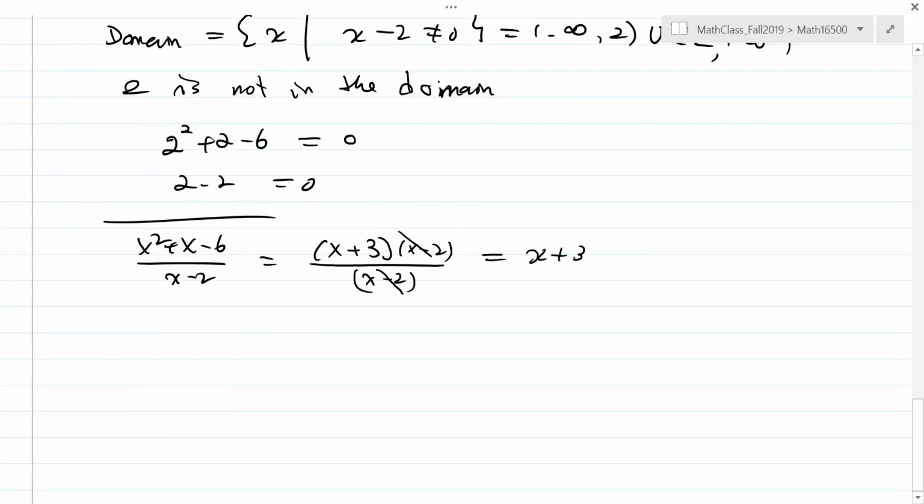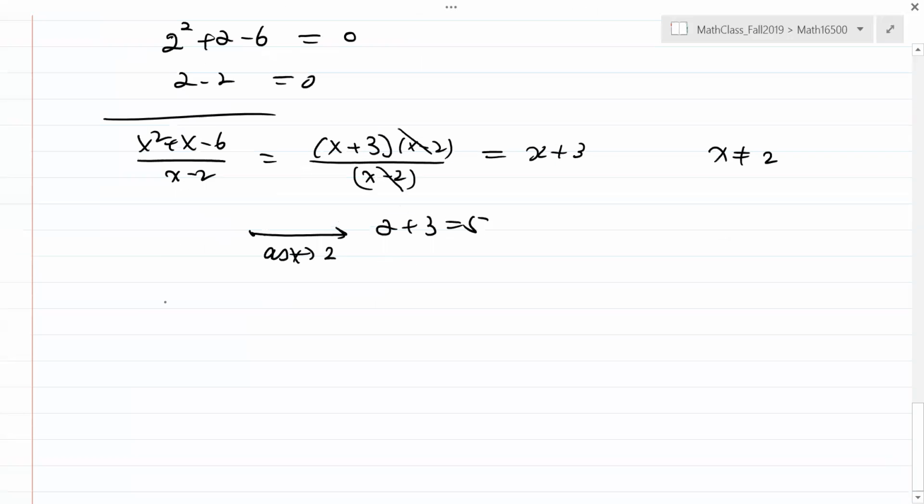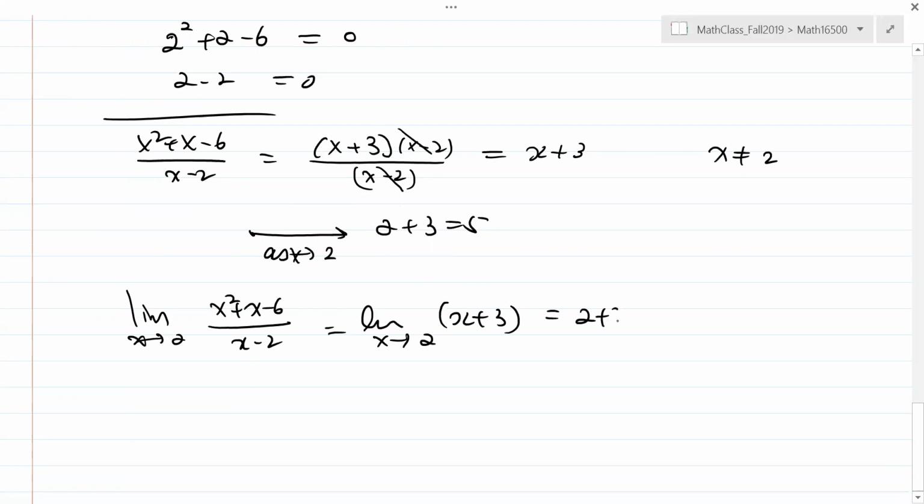It will be x plus 3. So this complicated expression is equal to a very simple expression when x is not equal to 2. Clearly, when x approaches 2, this approaches 2 plus 3, which is 5. So the limit is the limit of x plus 3, which is 2 plus 3, which is 5.